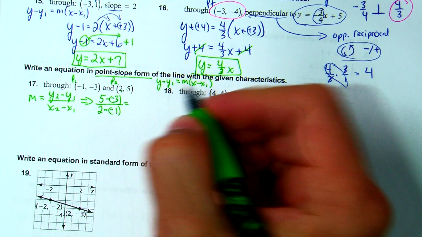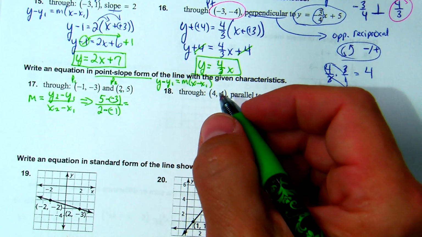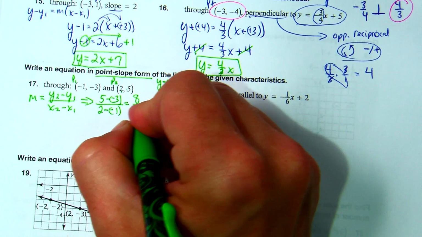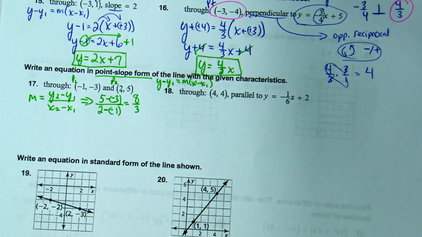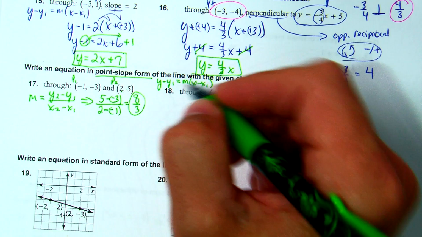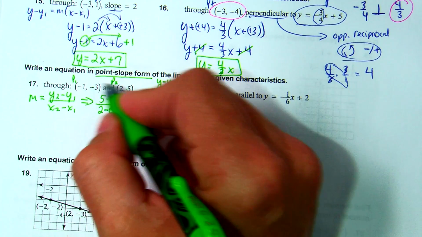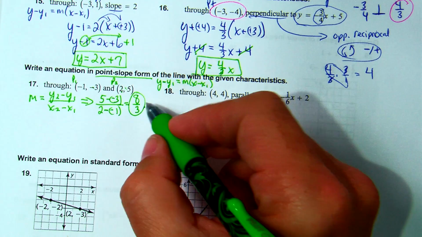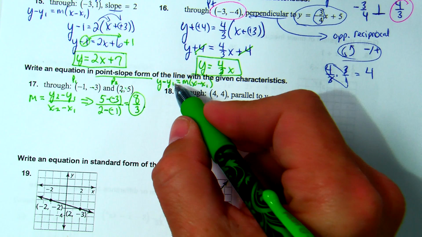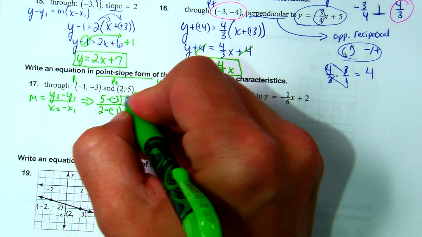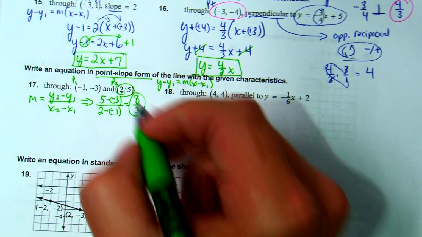And so this should end up equaling 8/3. 8/3. Okay, so that's my slope. Now I have a slope, and I can pick either one of these points to put it into this slope or point slope form. So I'm just going to pick the 2 and 5. It makes it easy and nice because it's right there.